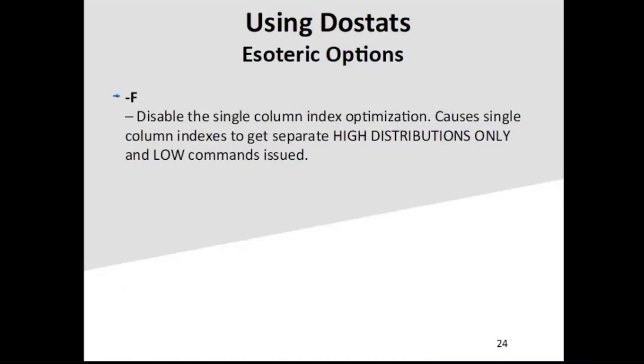But with the dash F optimization, you get separate high with distributions only and a low on the same column as separate commands. Sometimes in some circumstances that's faster, so the option is here. By default, it just doesn't update statistics high on single column indexes without the distributions only clause.